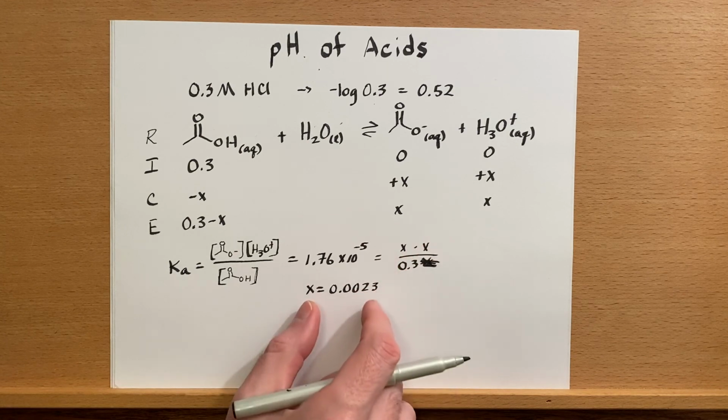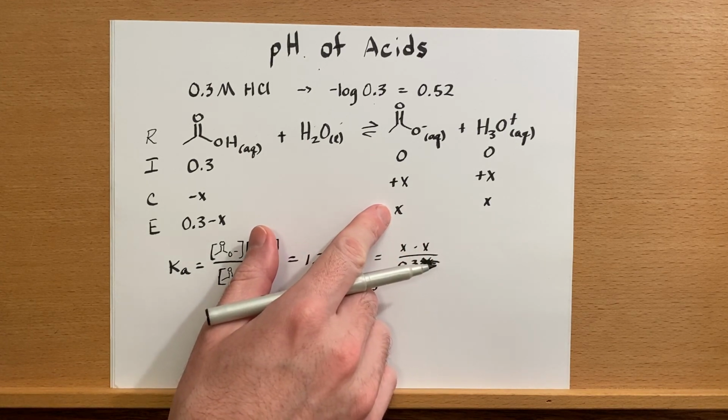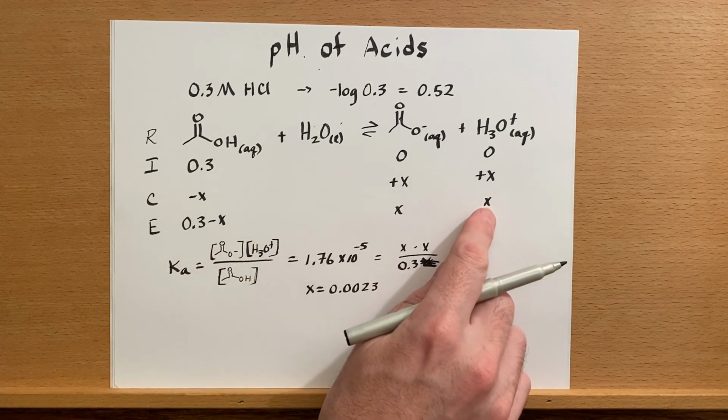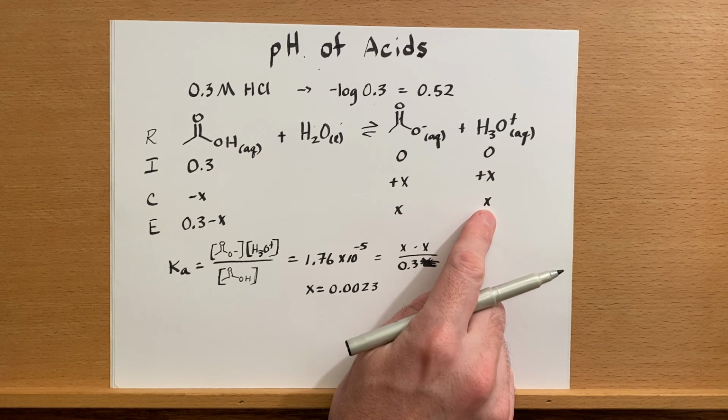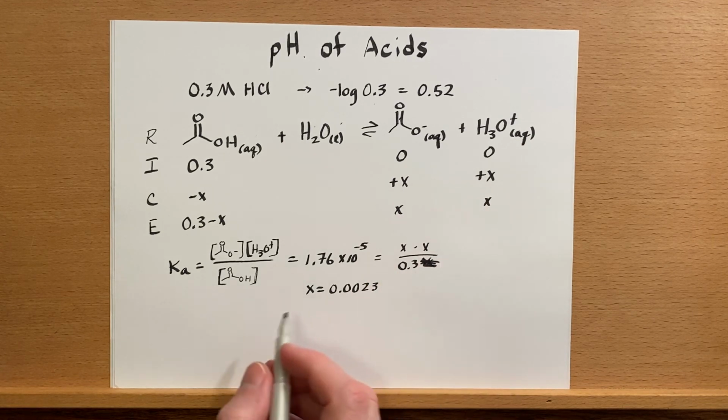Then we can see here that x is actually the concentration of our acetate ion, but more importantly, it's also the concentration of our H3O+. That is the concentration that we really want to know to be able to put in our pH expression, negative log of this concentration. That will calculate the pH.